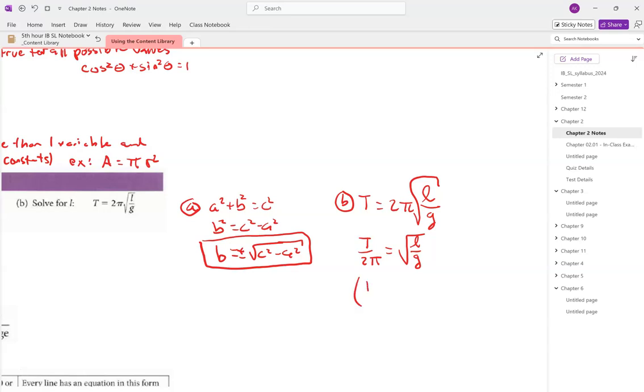That's good. So remember, when we square both sides, I have to square that entire thing. And then multiply by g. And if you wanted to, you can square that fraction. How do I square a fraction?